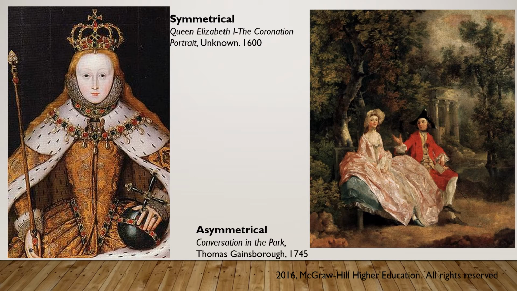So the painting of Queen Elizabeth I, the coronation portrait, at first looks symmetrical. She's centered in the middle. When you look at the crown and you look at her head, her hair, her cape, everything looks like it is the same from one side to the other.